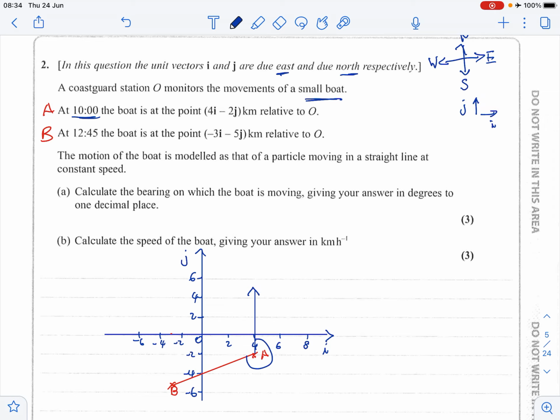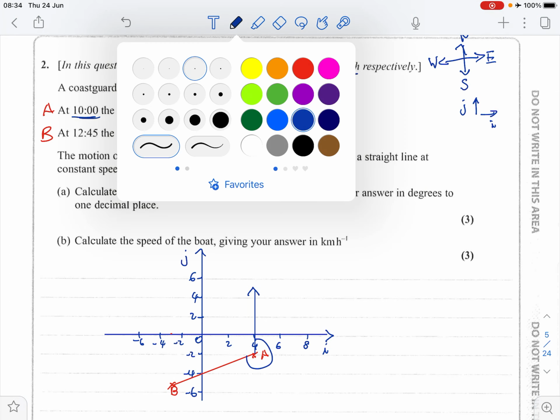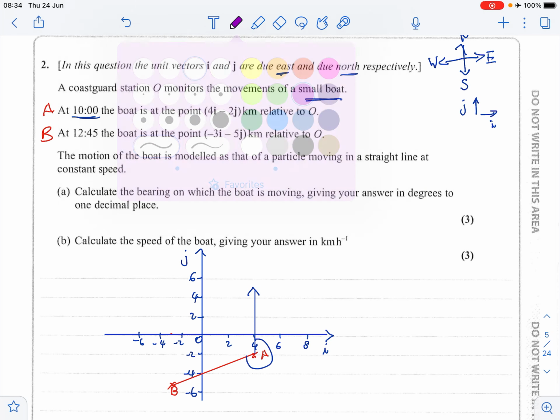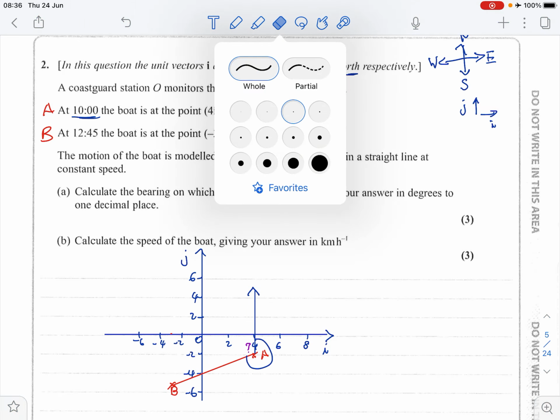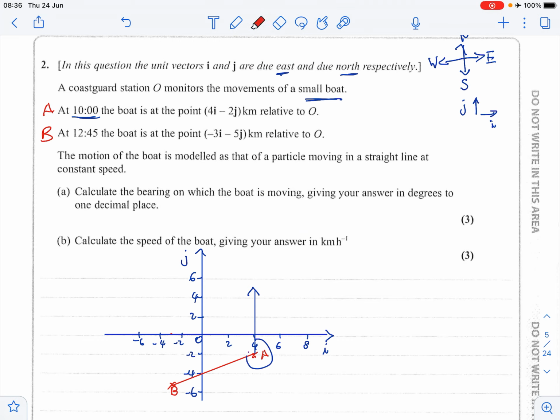What we could do is find this angle here. We are interested in this angle here.